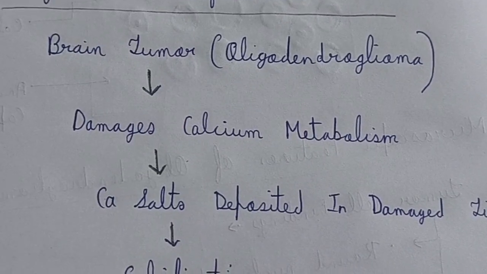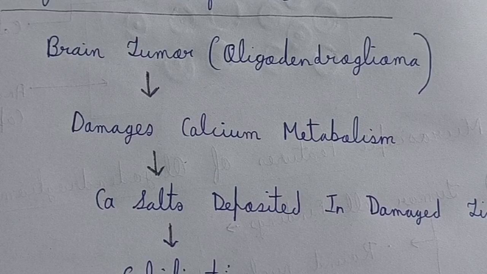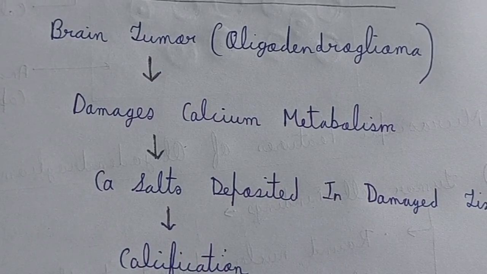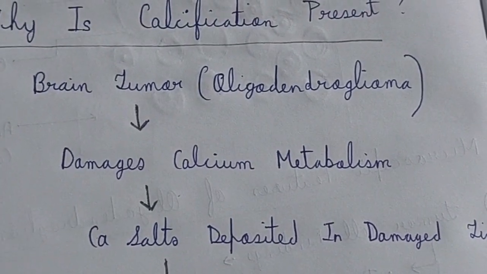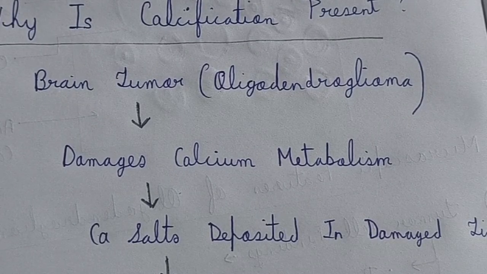Due to the deposition of excess calcium salts in the damaged tissues, this leads to the formation of calcification. So this is the main reason that calcification is present in oligodendroglioma.